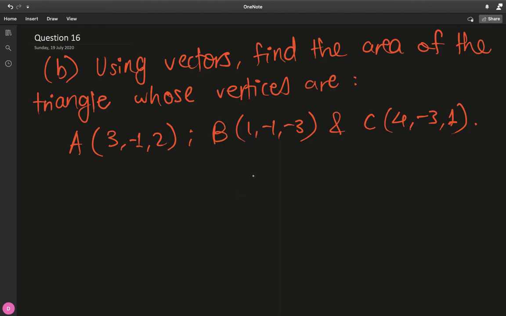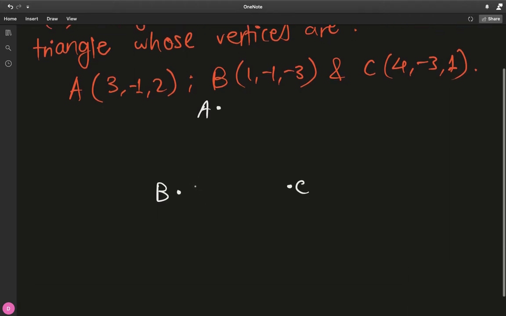So instead of just directly jumping into calculating the magnitude of the cross product, because determinant and stuff, let's actually construct vectors. These are just raw points given to us. Let's have a picture. Say A is somewhere over here, B is somewhere over here, and C is somewhere over here.